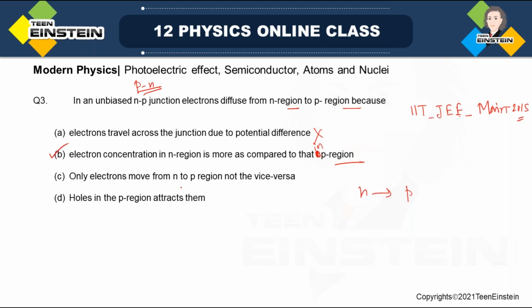Only electrons move from N to P region, not vice versa. This is not a good option for the question. Holes in the P region attract them, this is also not true. So the only true one is this: diffusion happens due to concentration gradient.